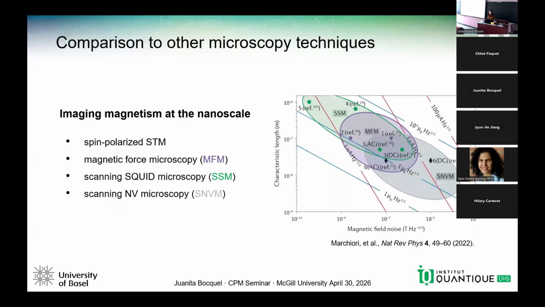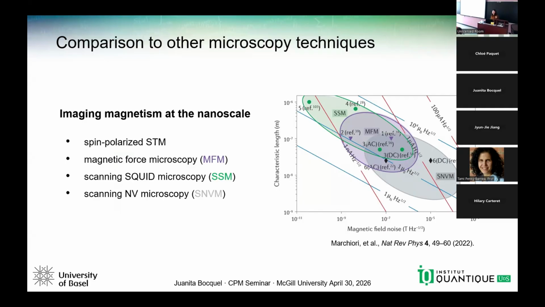And maybe just put this a little bit in context rapidly. I think the main techniques in the same field are magnetic force microscopy and scanning SQUID microscopy. The trade-offs are typically the spatial resolution of each technique and the sensitivity to magnetic field.